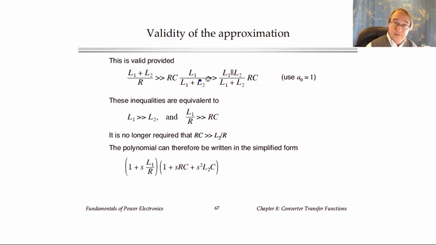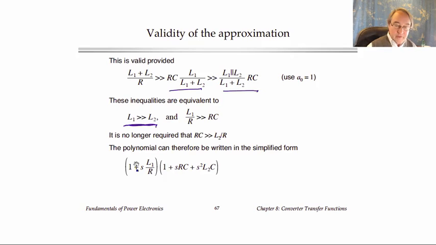Now, if you look at this set of inequalities, how is it that the second term can be much greater than the third? Both terms have RC multiplying factors, but the first one has L1 over L1 plus L2. The second one has L1 in parallel with L2 over L1 plus L2. So basically it means that L1 is much greater than L1 in parallel with L2. And again, the only way that can happen is if L2 is much smaller than L1.